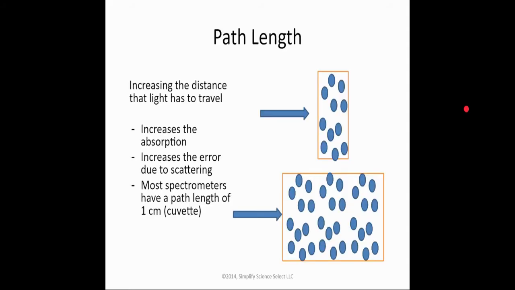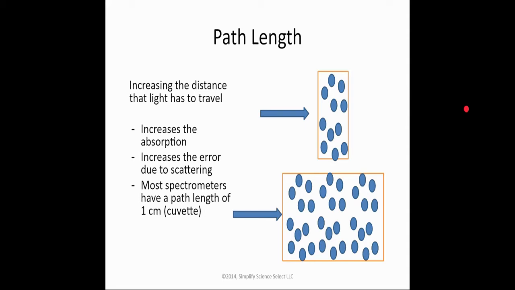So path length, what does that have to do with anything? Well, if you think about these blue dots in this picture representing moles of solute in that substance, and the blue arrow is the light that's going to travel through that substance, if the light has to travel a further distance, it makes sense that it's going to interact with more moles of the solute. Therefore, more of the light would be absorbed.